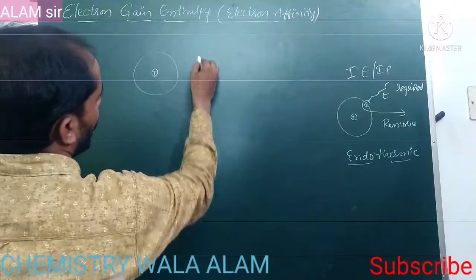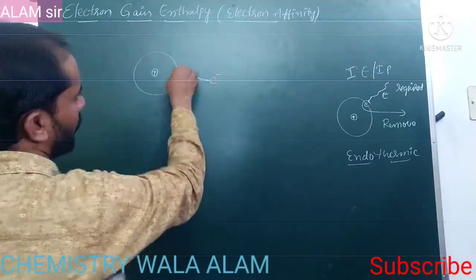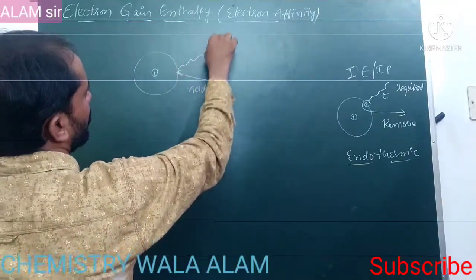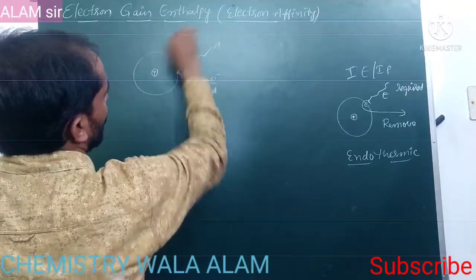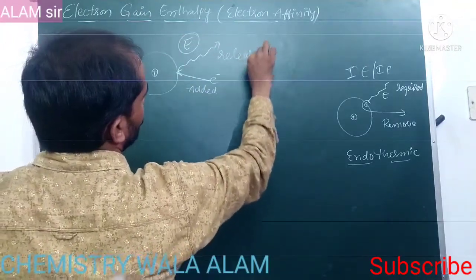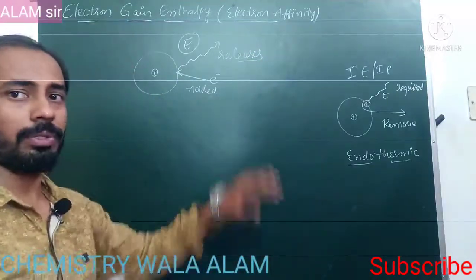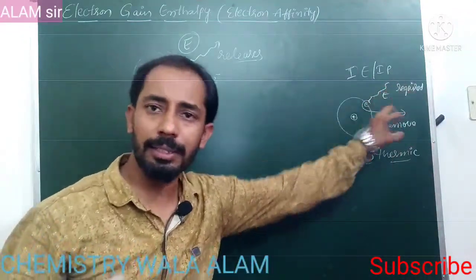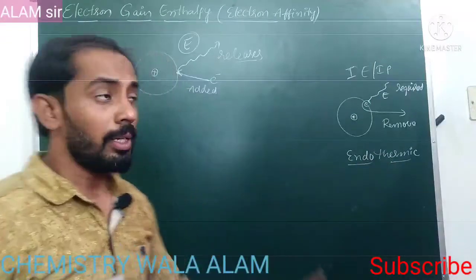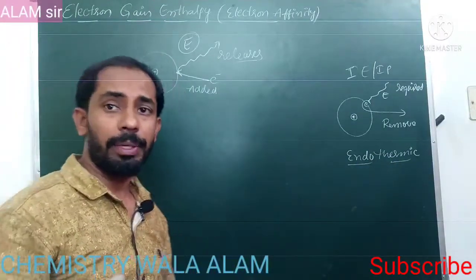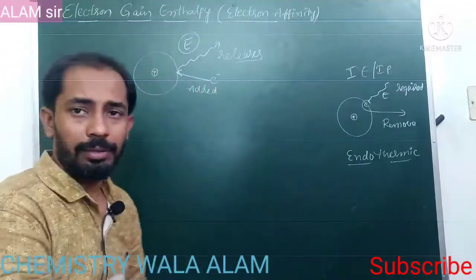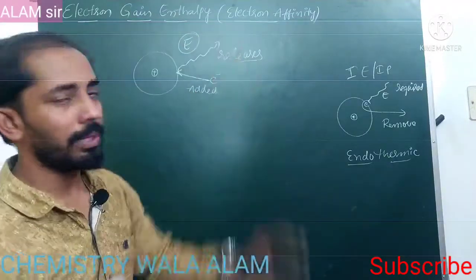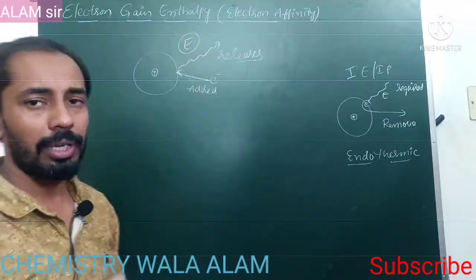When an electron is added to the valence shell, some amount of energy is released. Ionization energy is the process requiring energy to remove the electron, whereas electron gain enthalpy is when an electron is added to the valence shell of an isolated neutral gaseous atom and some amount of energy is released. That is called electron affinity.